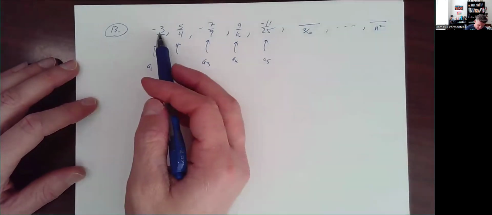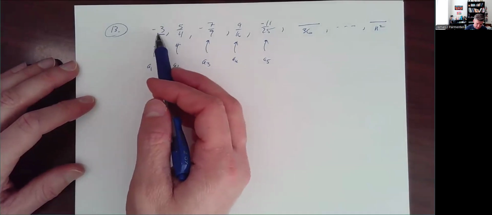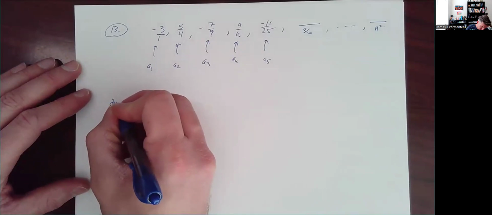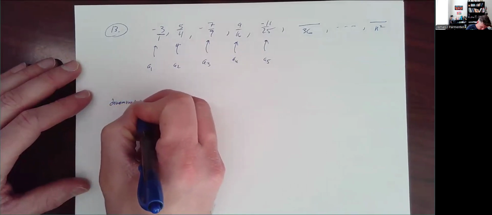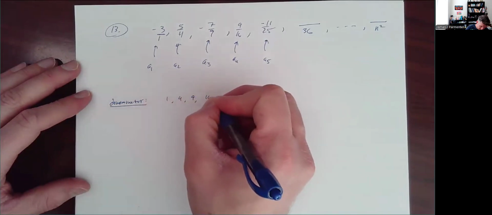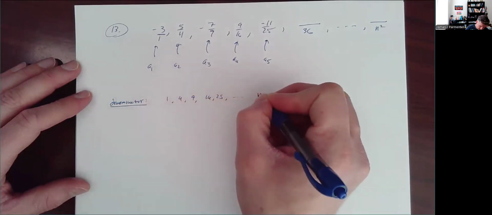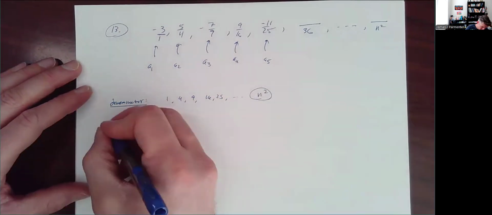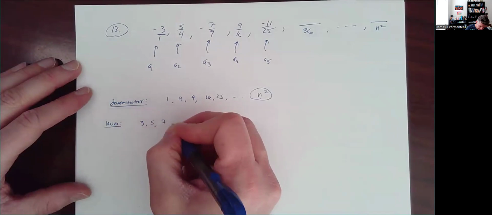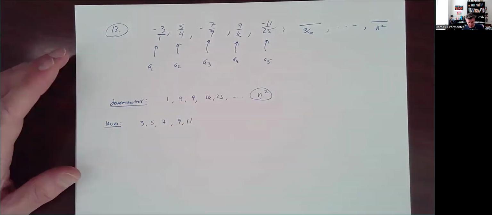The numerator, on the other hand, if you ignore the alternating part, looks like it's increasing by 2 every time. So I should point out the denominator, 1, 4, 9, 16, 25, is just n squared. The numerator, ignoring the alternating part, is 3, 5, 7, 9, 11, and the next term will be 13.